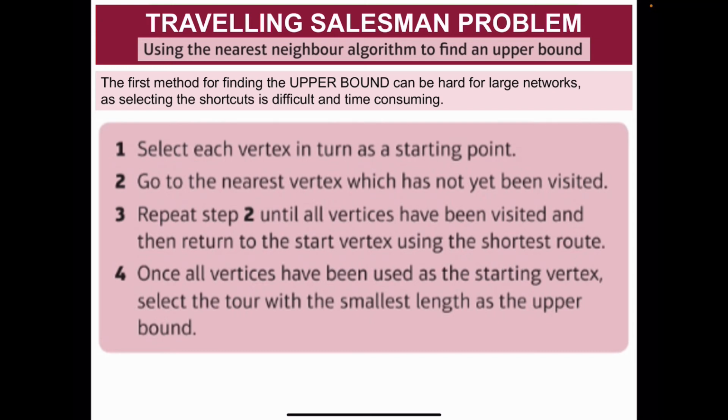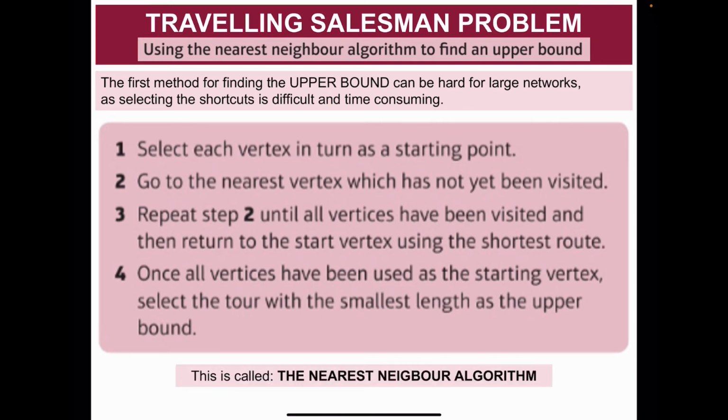Once all the vertices have been used as the starting vertex, you can choose the tour with the smallest length as the upper bound. Because remember, the upper bound is better when the value is lower, because it narrows the interval of the optimal solution from the upper value.